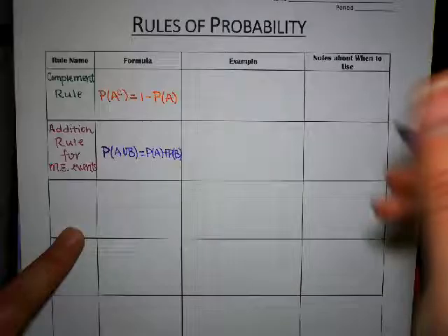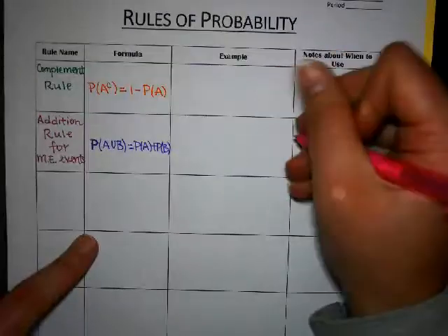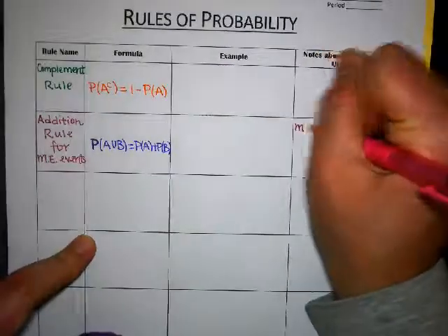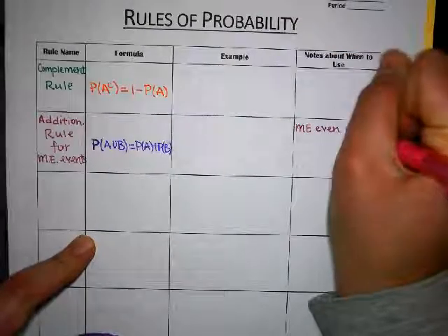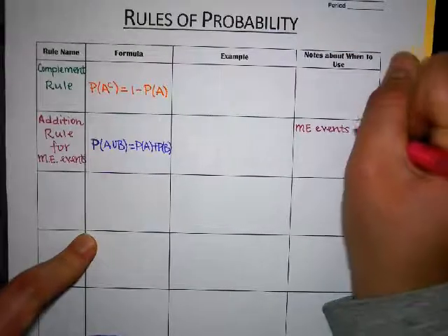And just as a reminder, mutually exclusive events are events that cannot occur at the same time.